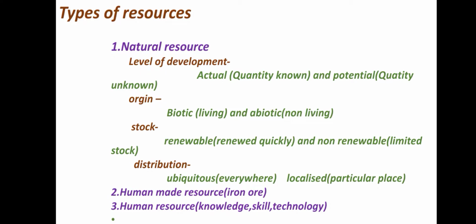No. In some places of the world only we can get petrol. So it is present in particular places only, not in every place. So if you find the resource everywhere, it is called a ubiquitous resource. Example, air, water, etc. And if you find the resource only in a particular place, it is called a localized resource. For example, you can give petrol, diesel, etc.